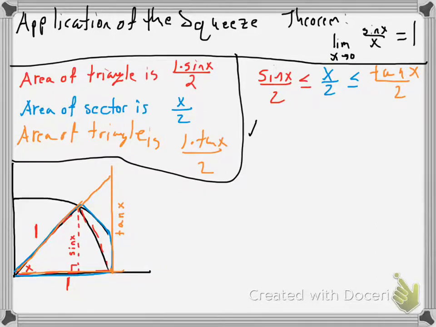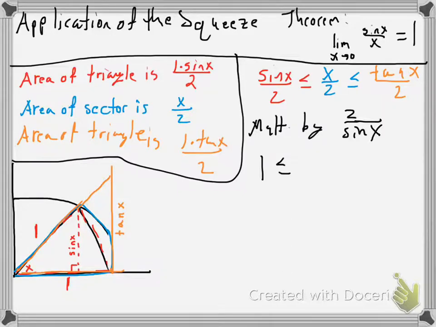So for now we'll just assume that x is positive, so we don't have to worry about whether the sign is negative or positive. We're in quadrant 1. We're going to multiply all sides by 2 over sine x. So the sine x over 2 times 2 over sine x, that's going to be 1.